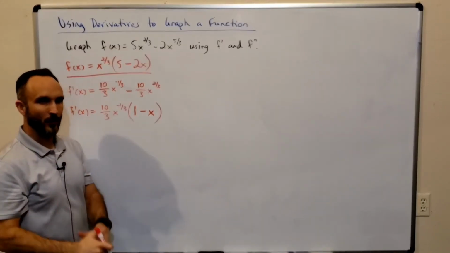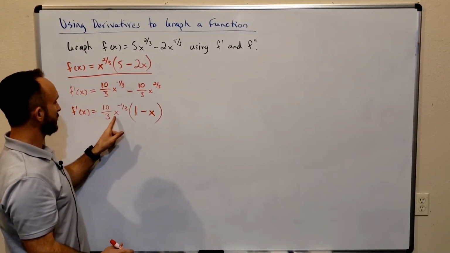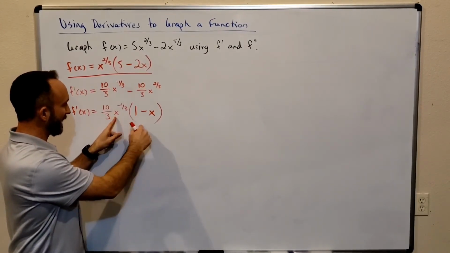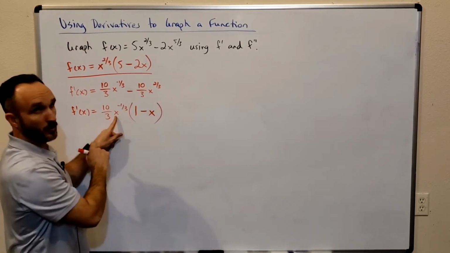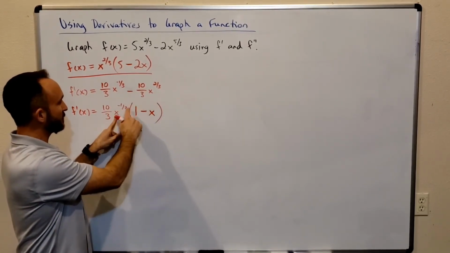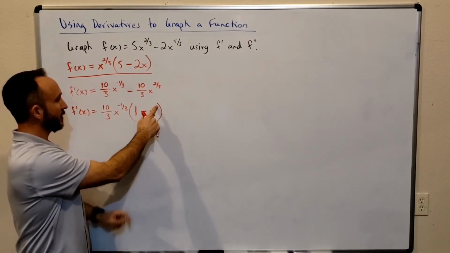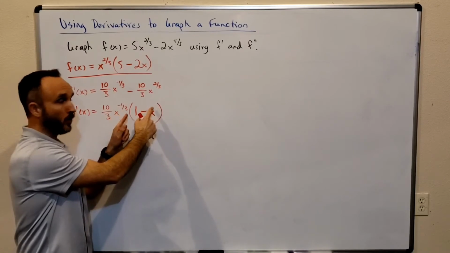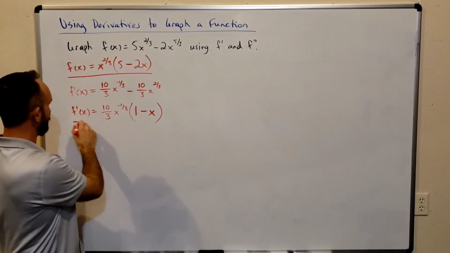The easier way to think about that until you get used to it is to think in reverse. If you distributed this back out, in other words, when you multiplied these together, you should get x to the 2/3, so you would add the exponents. X to the negative 1/3 times x to the first: you'd add negative 1/3 and 1 to get 2/3. And so that's our f prime of x.